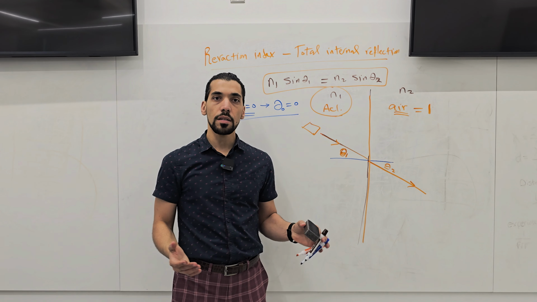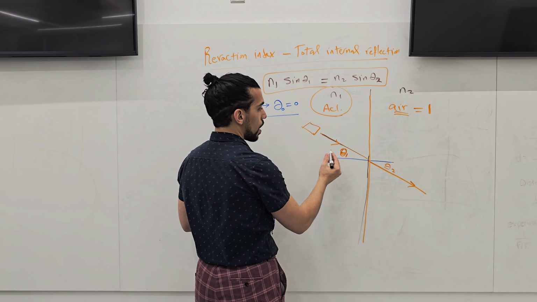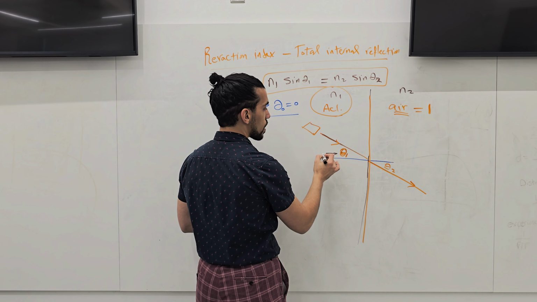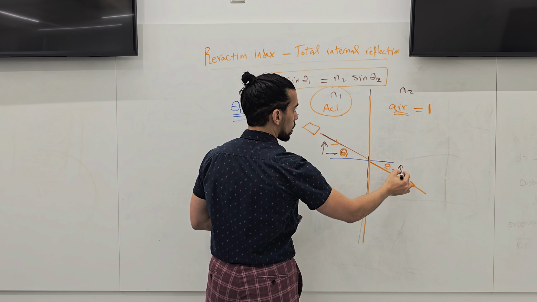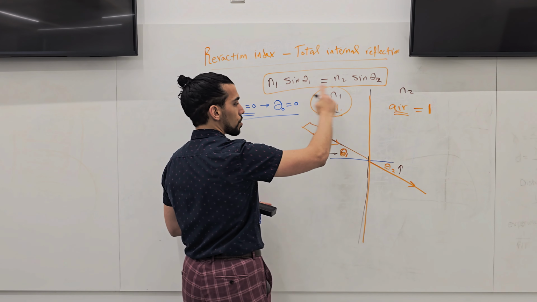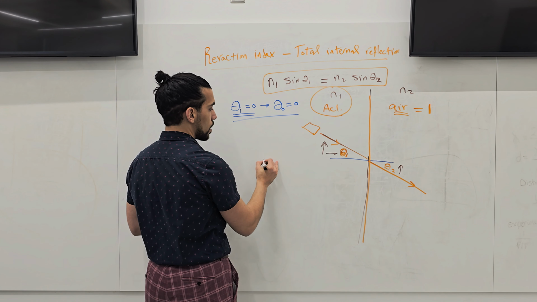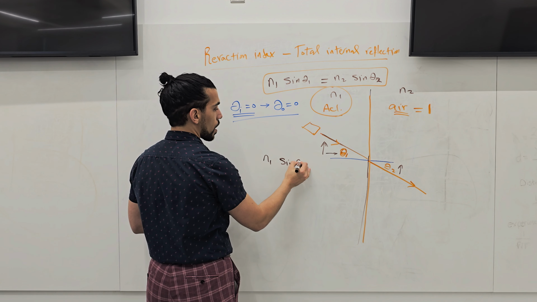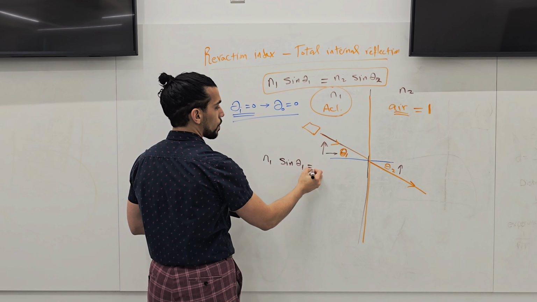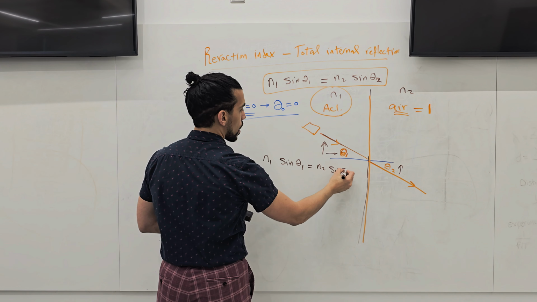Now there's a very interesting phenomenon that happens. If this incident angle goes up, this refracted angle is going to go up as well, from this relationship: n1 sine theta 1 equal to n2 sine theta 2.